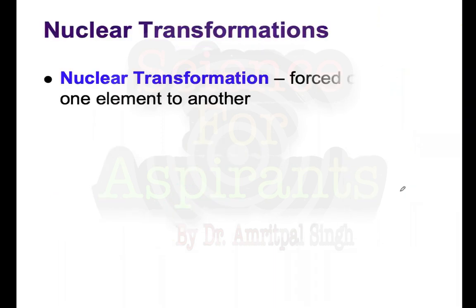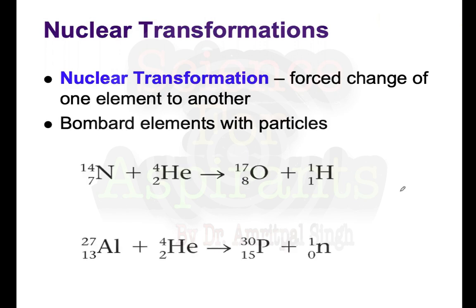Next is nuclear transformation. Since we know that particles come out from radioactive material, we can also do the vice versa reaction, shooting these particles at stable nuclei, and convert those parent nuclei into other nuclei.